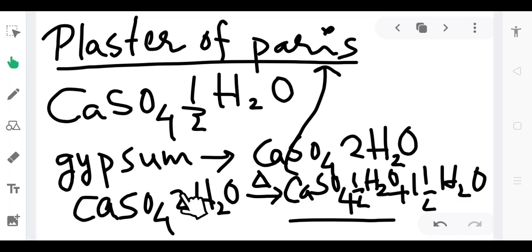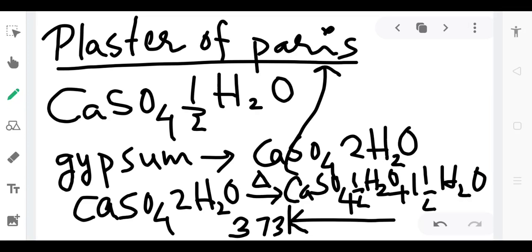When we heat it and gypsum loses 1.5 water molecules, the remaining compound is CaSO4 half H2O, and this is called plaster of Paris. At what temperature should this gypsum be heated? At 373 Kelvin. So this is how plaster of Paris is prepared from gypsum.